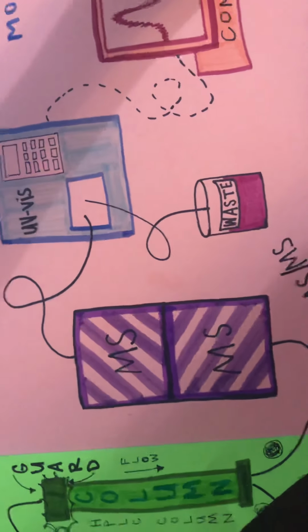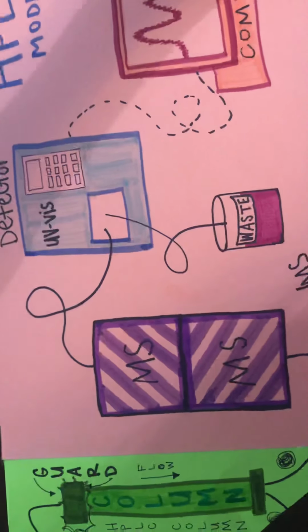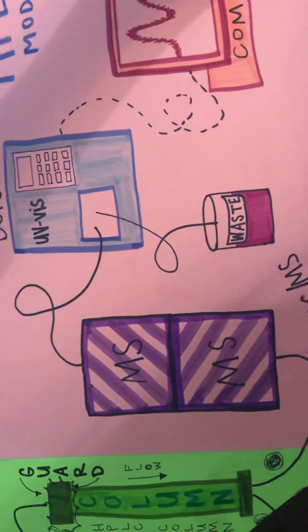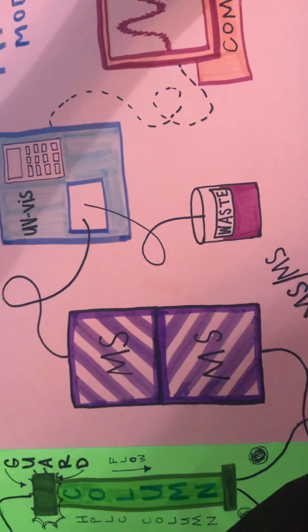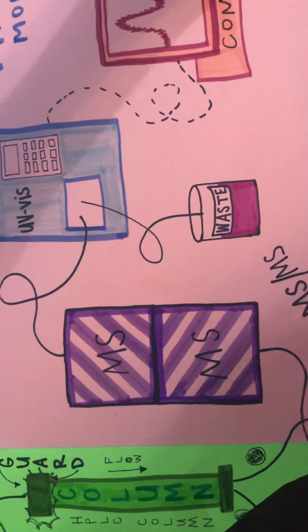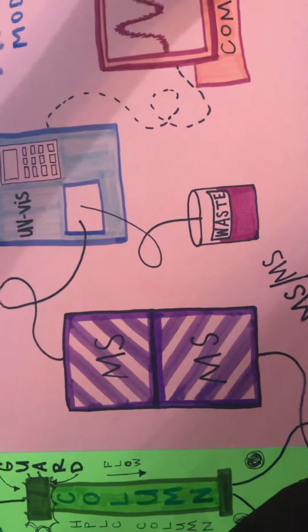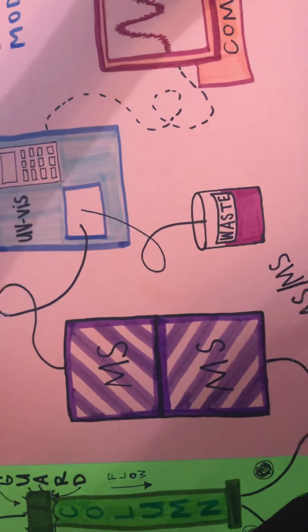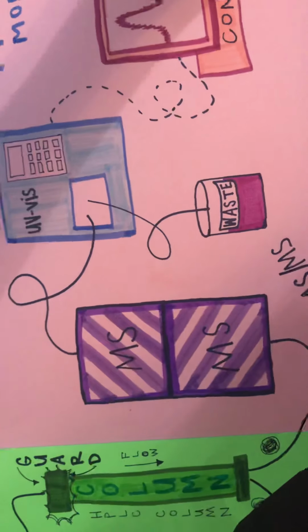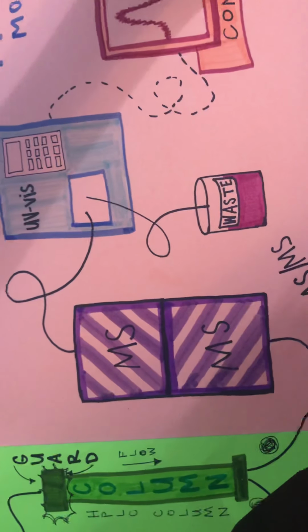UV vis spectroscopy is the measurement of the attenuation of a beam of light that passes through or reflects from your sample surface. And so as the molecules go through the UV vis, they are absorbing at different wavelengths in the spectrum.